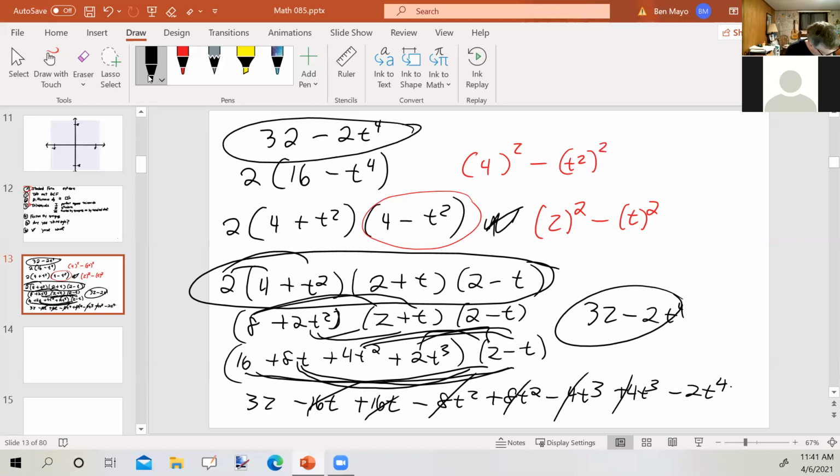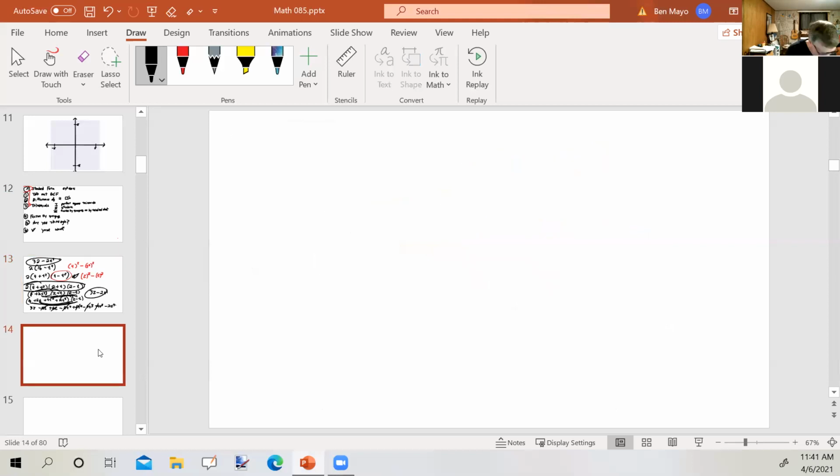Let's take a look at another one. 8m squared n cubed minus 24m n to the fourth. Well, this is in standard form in terms of m. It's a binomial though, so I really don't care about standard form yet, but it's okay. Is there a greatest common factor? Eight.